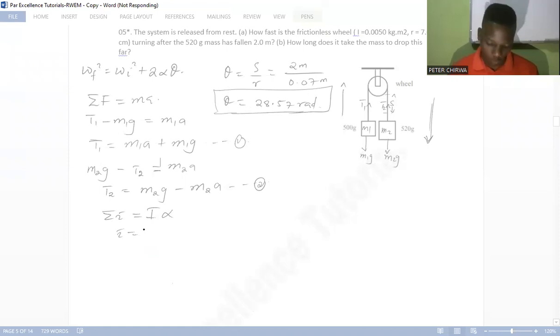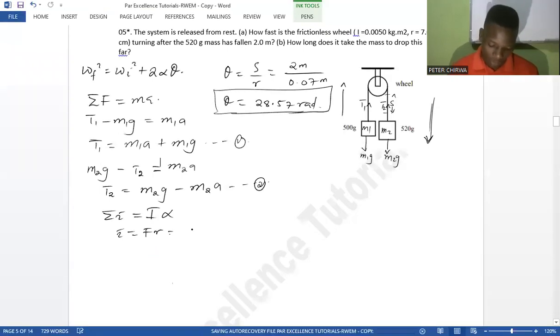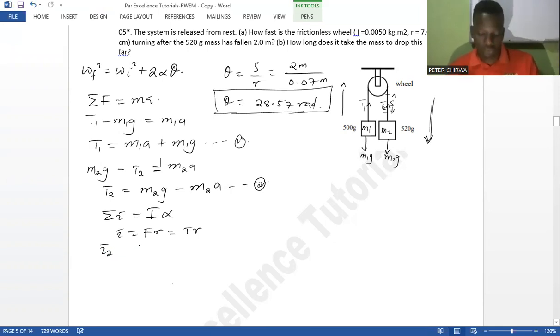So we have force times R, and this force is tension, so tension times R. Since this is going in the direction of mass 2, it's dropping down, the torque for tension 2 is greater than the torque for tension 1.